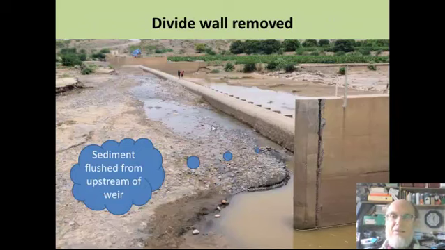Here is a couple of years later, when that wall had been cut off or truncated, and you can see now that there is a quite substantial flushing flow to get sediment away in front of the weir, which all helps make sure that the water will come towards the intake when there's a flood.